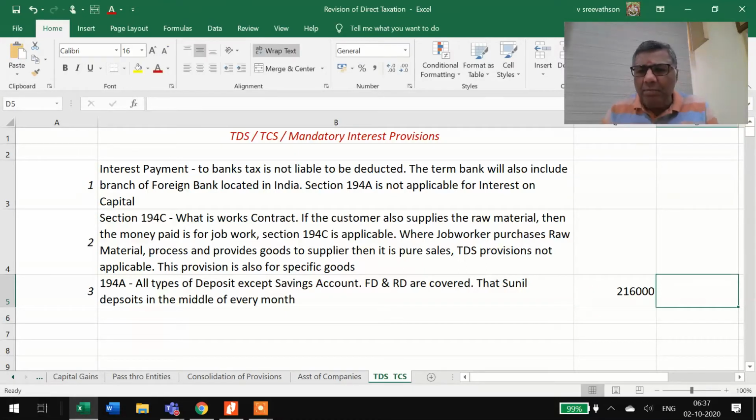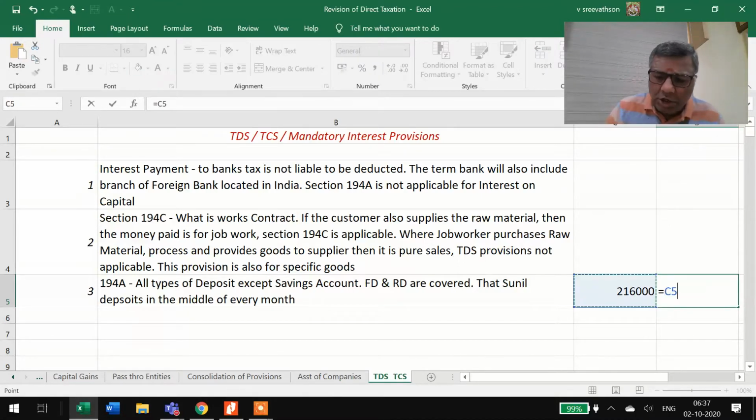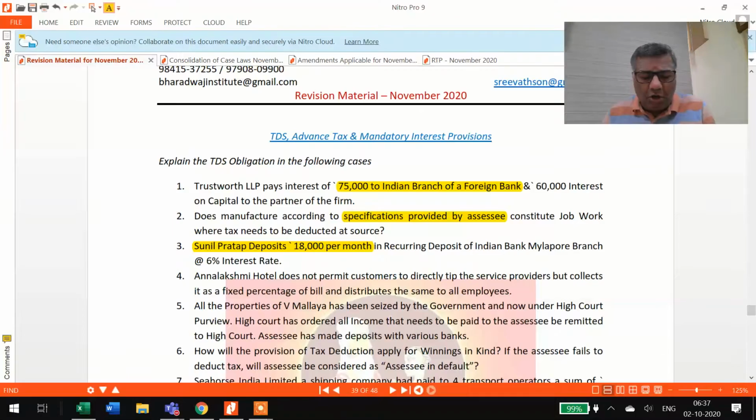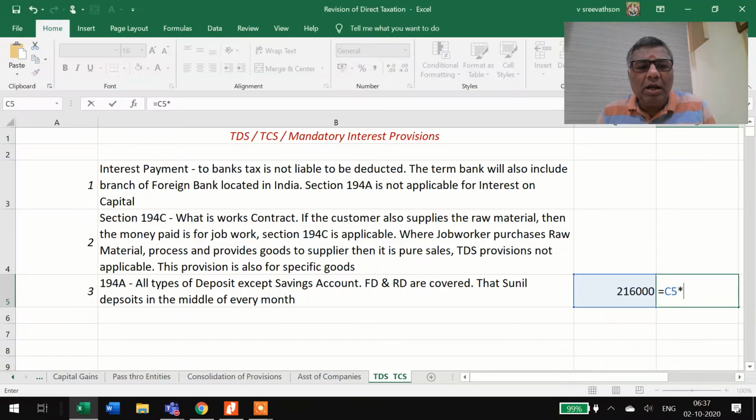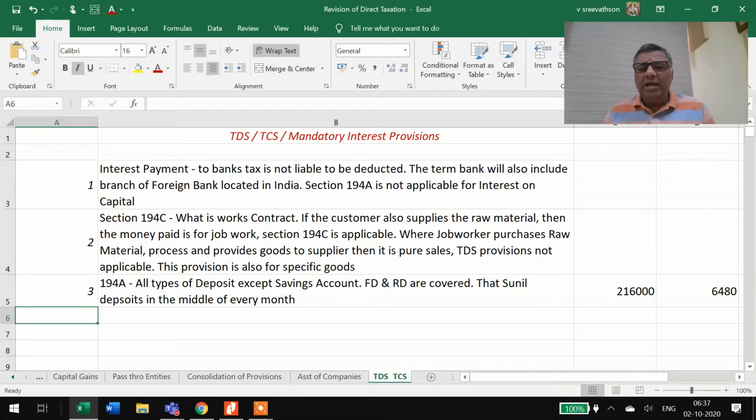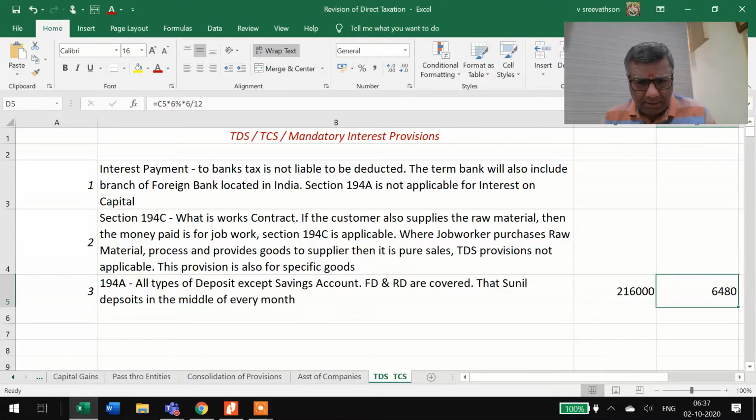In 12 months, he would have deposited 2,16,000, at a rate of interest of 6%, multiplied by 6 by 12. The total interest credited by the bank will be 6,480.